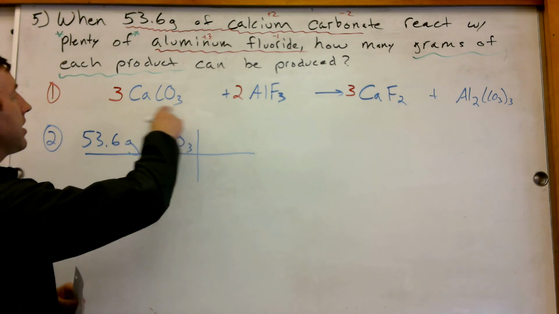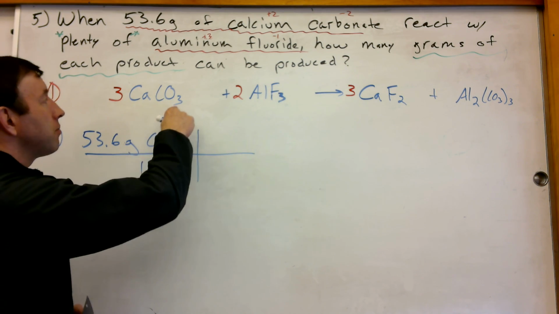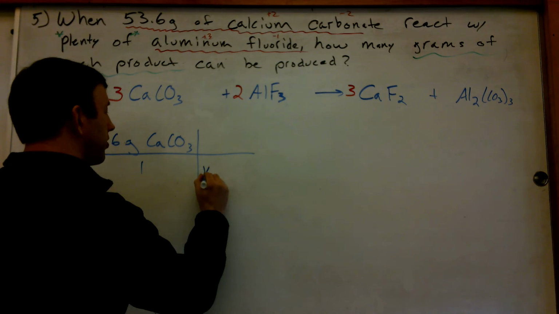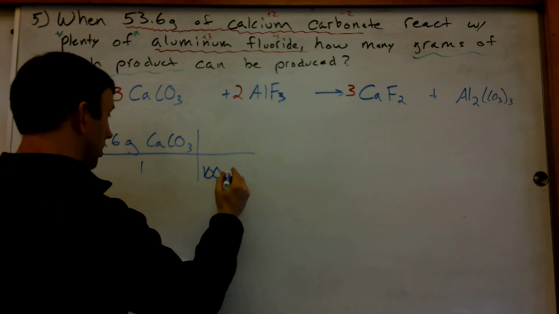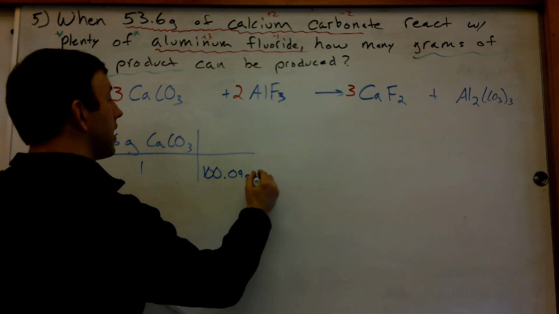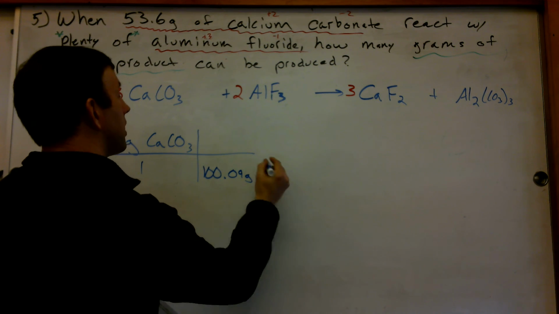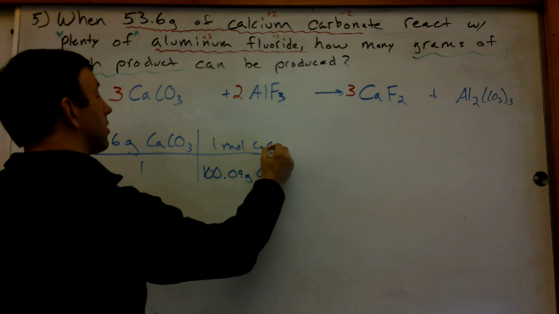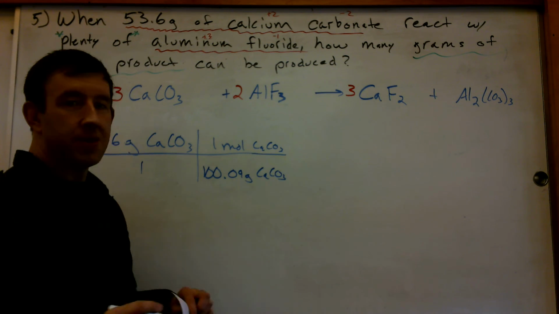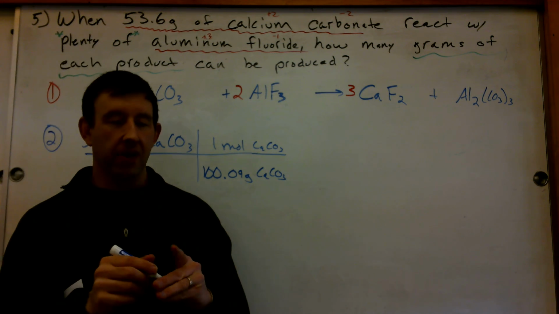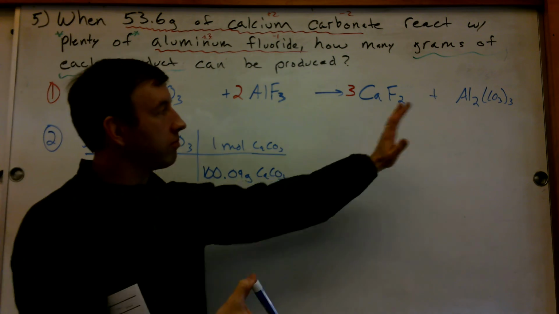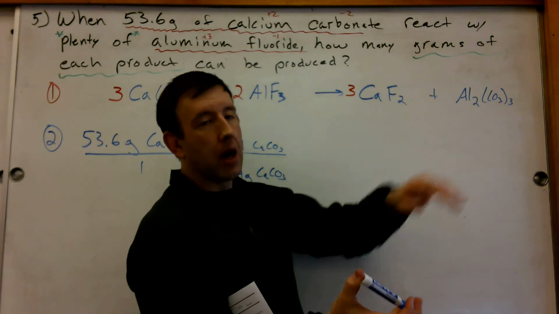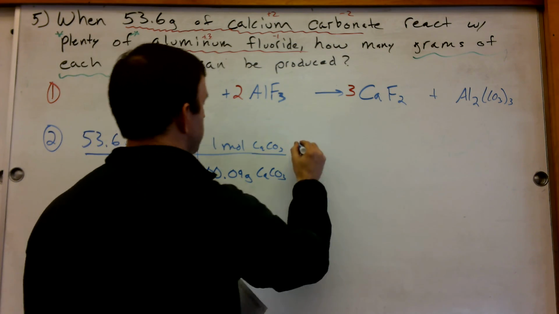And so when I add 1 calcium plus 1 carbon plus 3 oxygens, I should get, with our periodic tables, 100.09 grams of calcium carbonate, 1 mole of calcium carbonate. All right? Now, I've shown you guys in class how to continue that out, right? To calculate grams of this or grams of that, but I'm actually going to do this and just get this to moles.